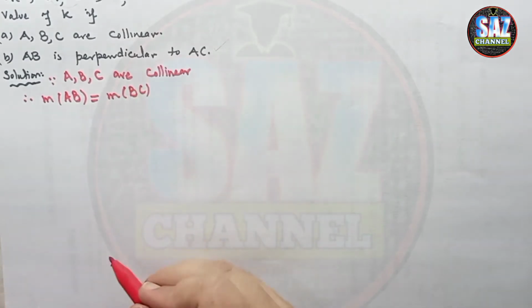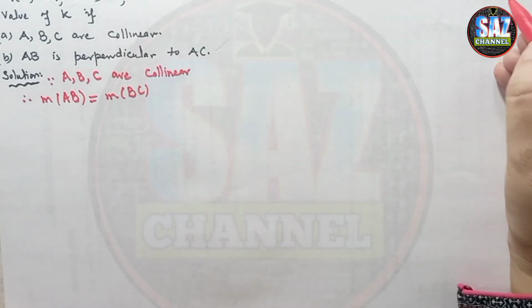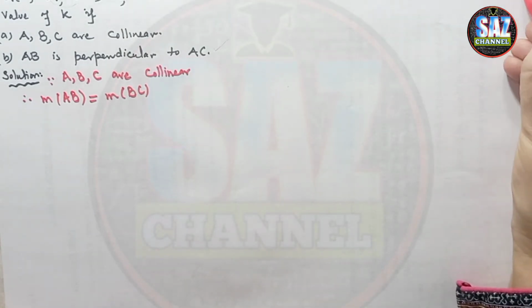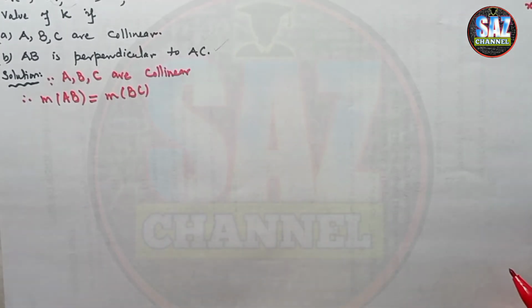We know that the formula for the gradient is y2 minus y1 upon x2 minus x1. Please learn the formulas and conditions, especially my O-level students who have to appear in the exams.